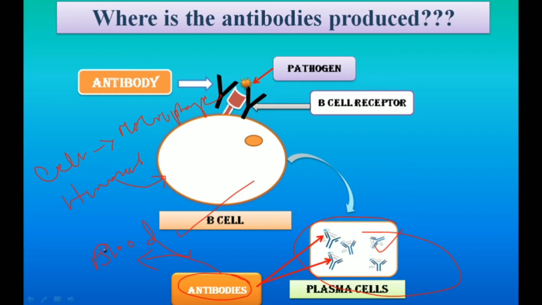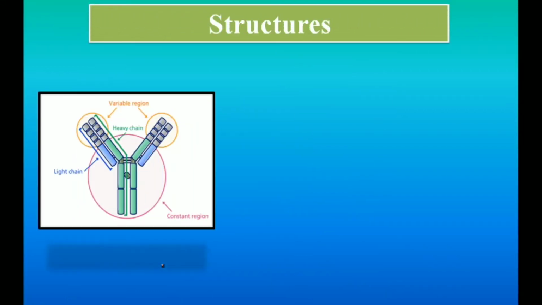So let's see the structure. The antibody has a Y-shaped structure, as you can see here, and they have two different chains. One is the heavy chain and the other is the light chain. The antibody has two identical heavy chains, and also two identical light chains.